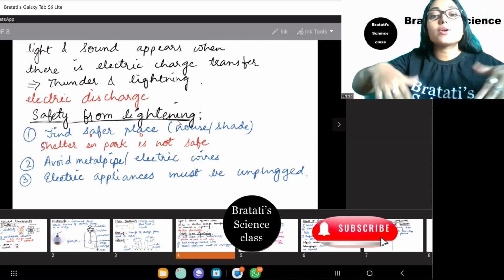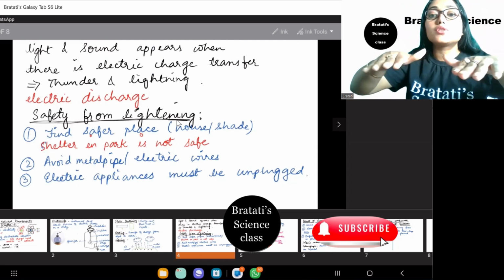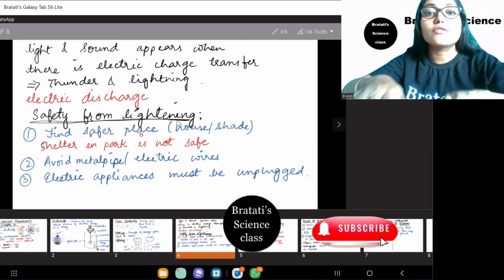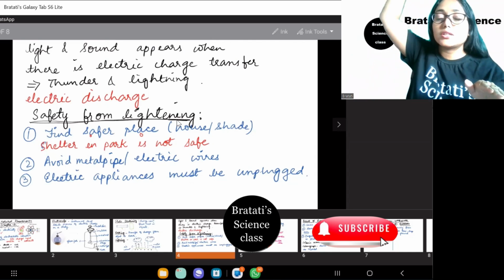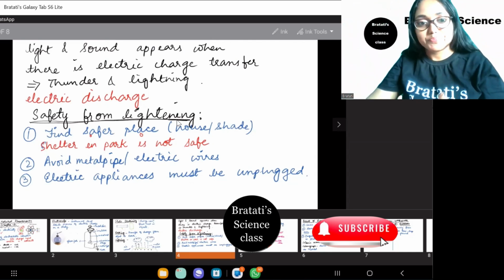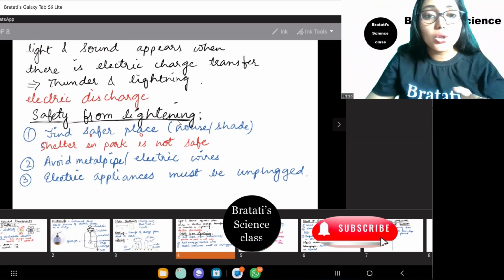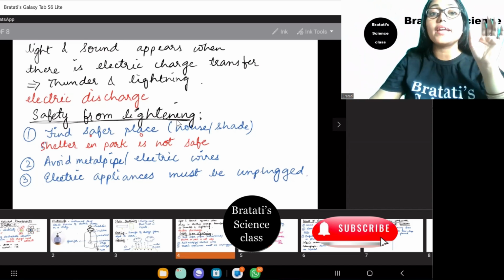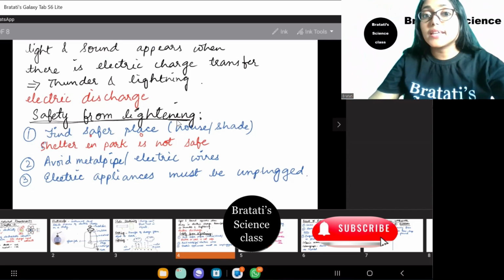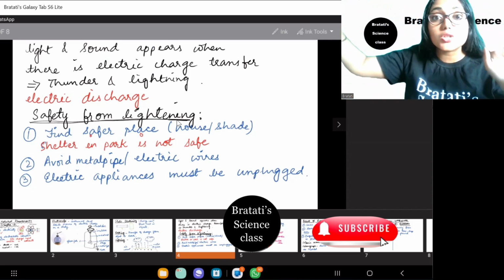And if you are outside, try to move towards the ground, because the closer you are to the ground, the safer you are than moving up to a taller building or a tree. When we are indoors, we also need to avoid touching any metal pipes or electric wires. We say switch off the TV, switch off the refrigerator.